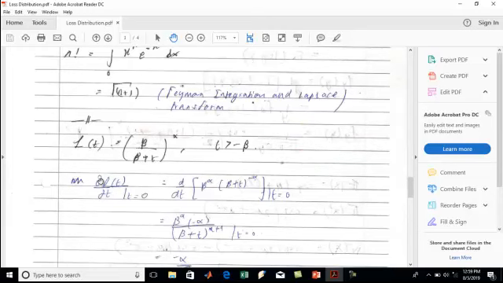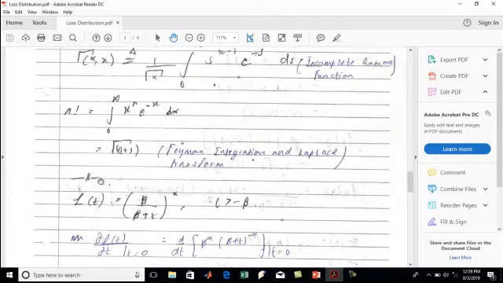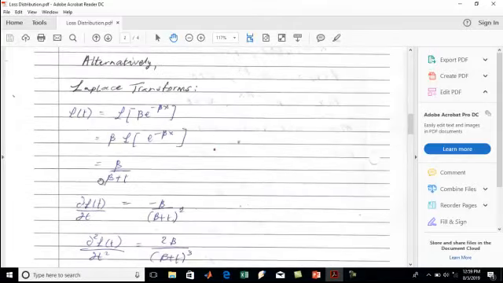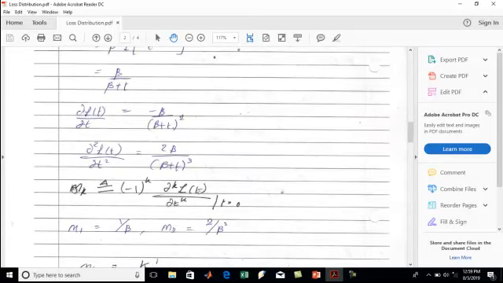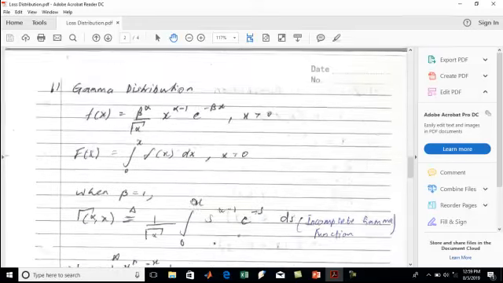So you use this definition here: the moment generating function is defined as minus 1 power k times the kth partial derivative of the Laplace transform over the kth partial derivative of t.